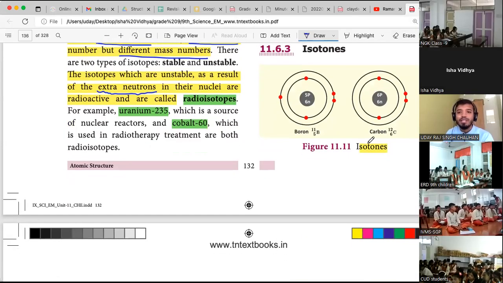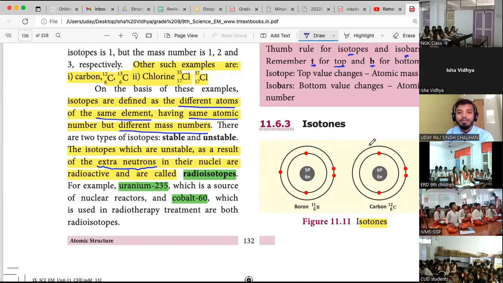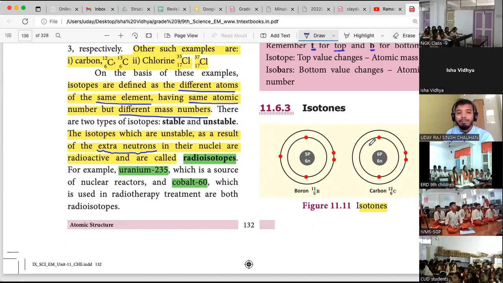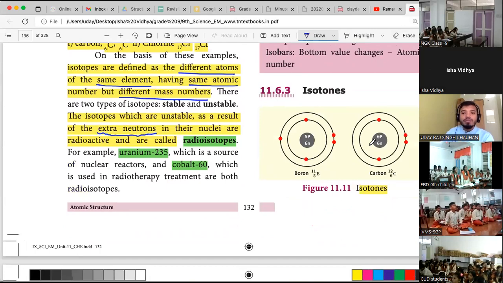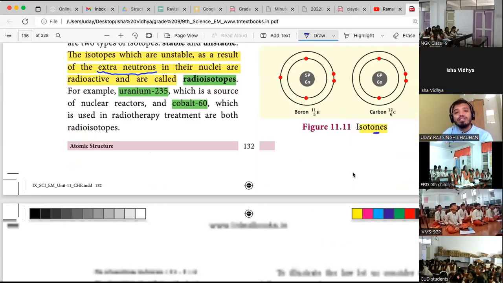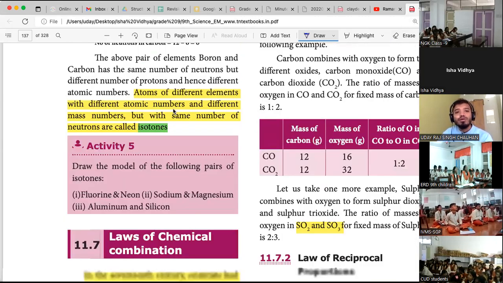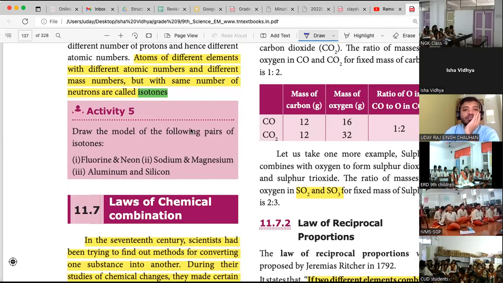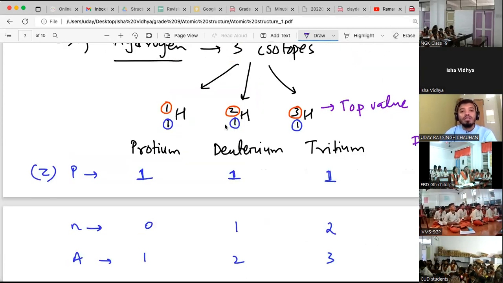Next, the third term is isotones. One way to remember is it has N. Isotones basically have the same number of neutrons. They will be atoms of different elements. They will have different atomic number, different mass number, but the same number of neutrons. So I'll just write it here.